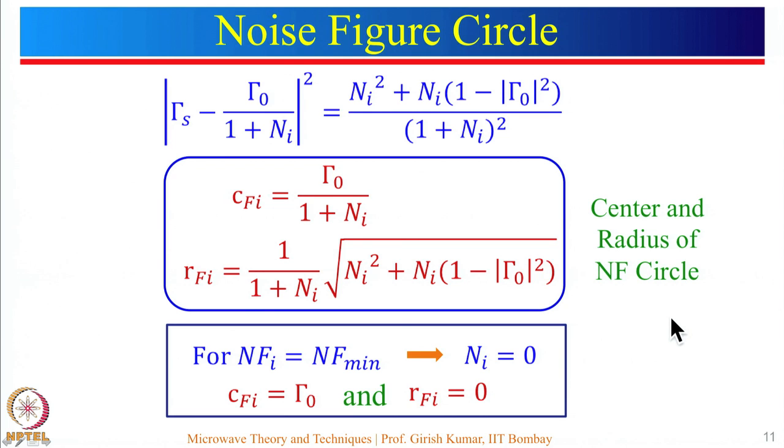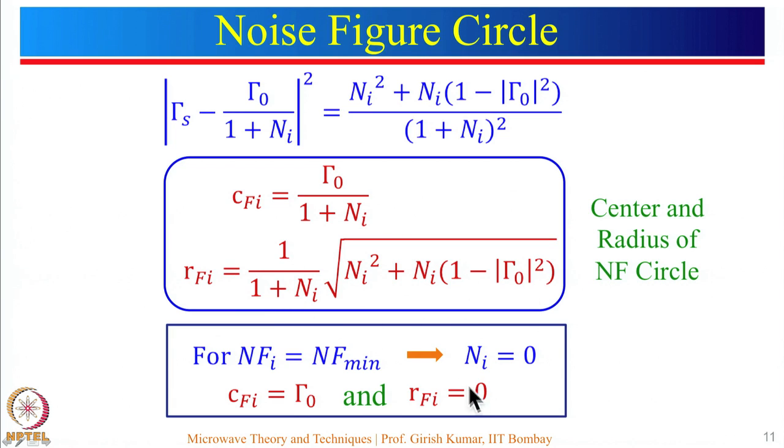So, now let us just take the special case when NFi is equal to NF min. If NFi is equal to NF min, that will give rise to Ni equal to 0, as shown in the previous slide. So, if we now substitute the value of Ni equal to 0 over here, what will this term be? Cfi will become gamma 0. What will be Rfi? Ni is equal to 0, this is 0, this is also 0, this will be 1 plus 0.